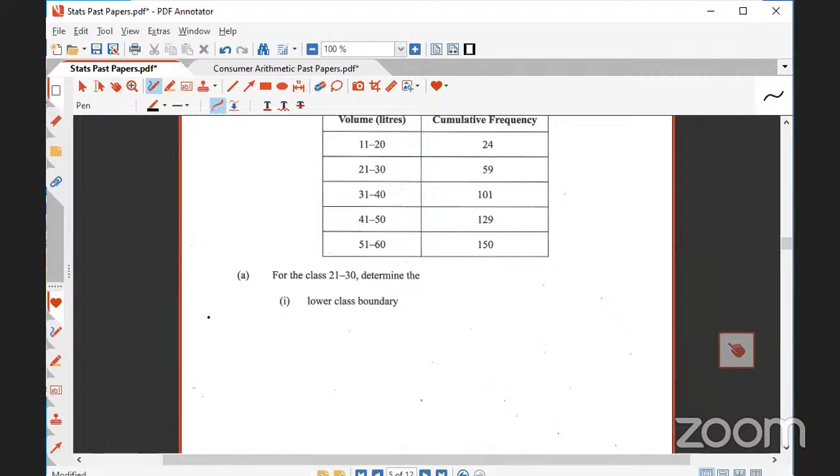To get the lower class boundary, it is the sum of the upper class limit of the previous class and the lower class limit of the given class.